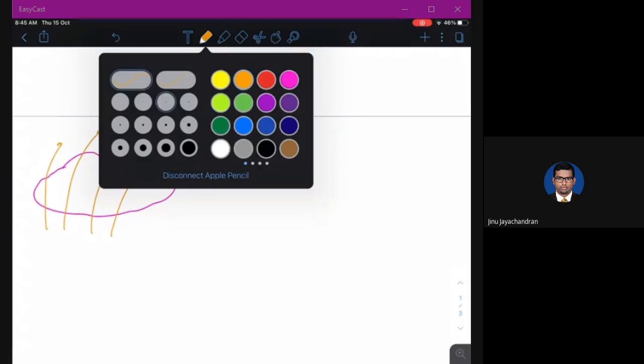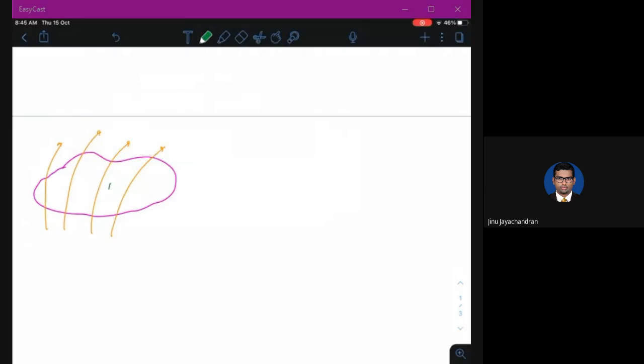if you consider a small square of size ds, okay, whose direction is perpendicular to the surface, it is denoted as n cap.